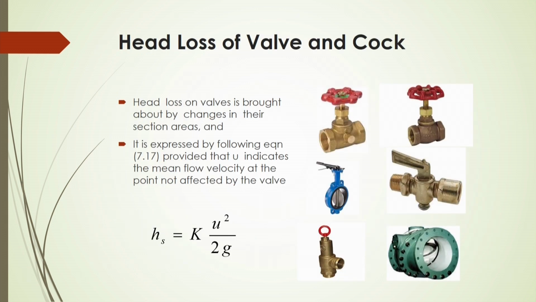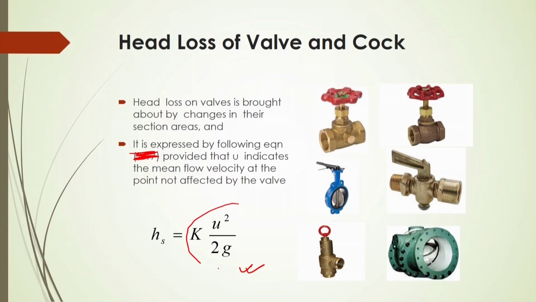Now you will see the head loss of valves and cocks. In this figure, there are different kinds of valves shown. The head loss on the valves is generally brought about by changes in their section areas, and it is expressed by this equation, provided that U indicates the mean flow velocity at the point not affected by the valve.